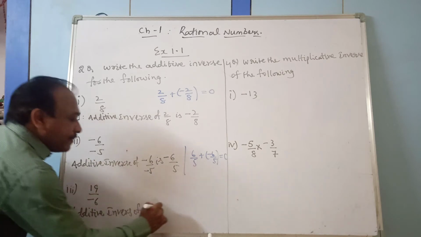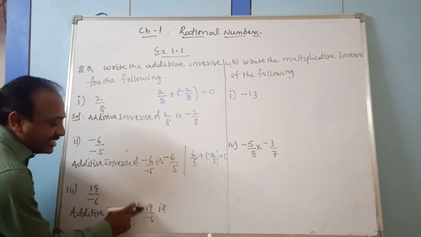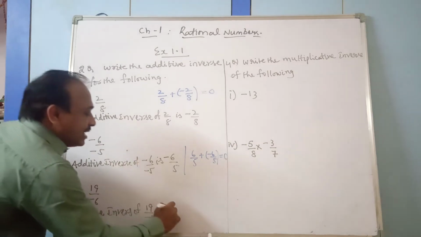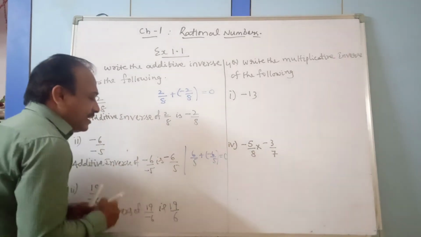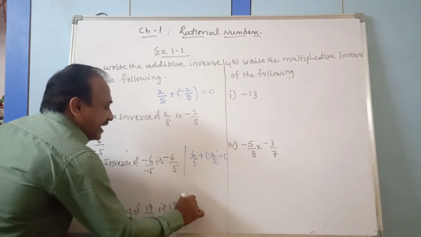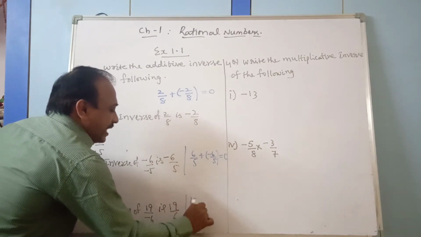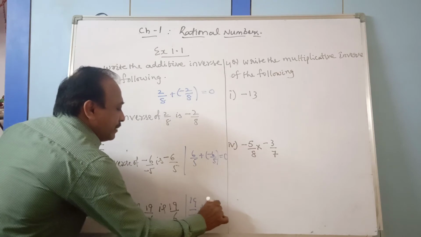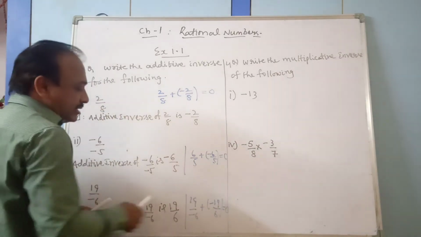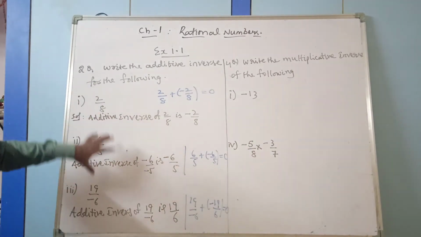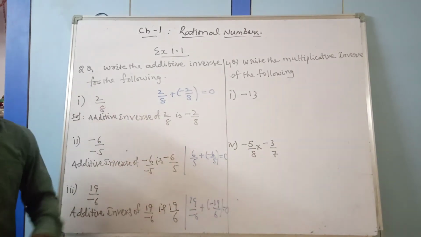So it is minus 19 by 6, and its additive inverse is plus 19 by 6. I will write here: 19 by minus 6 plus 19 by 6 is equal to 0. This is about the additive inverse.